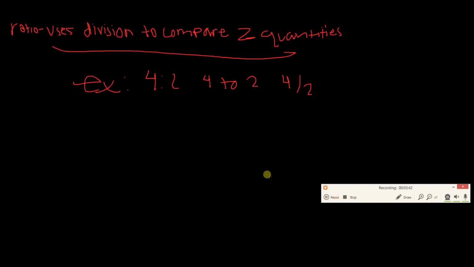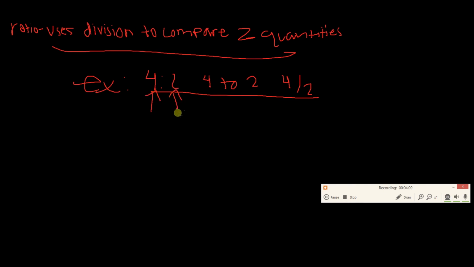So, our next term is ratio. A ratio uses division to compare two quantities. For example, 4 and 2: 4 boys to 2 girls, and 4 boys to 2 pigs. I don't know. So basically, they're comparing two quantities, and it has to go in order.